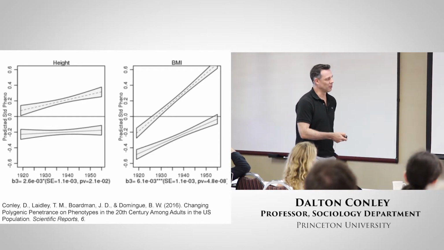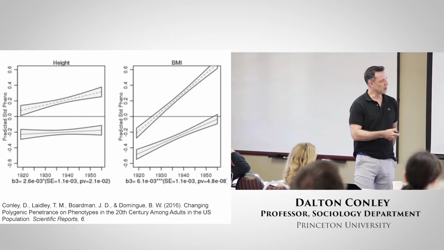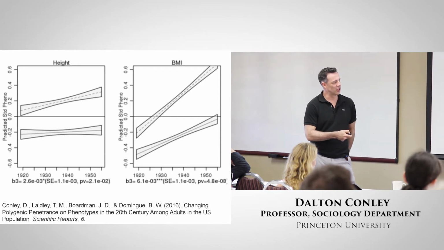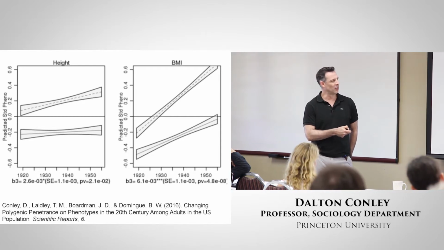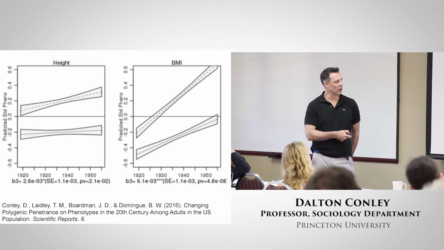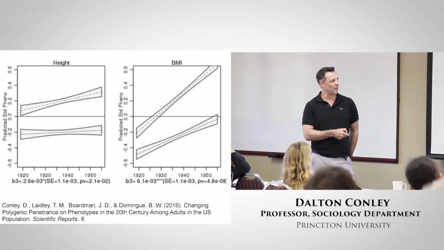if you look at BMI, this is someone who is 1 standard deviation below the mean on their polygenic score for body mass index, and this is someone who is 1 standard deviation above the mean in their polygenic score. As you can see, everybody is getting heavier across birth cohorts, but they are diverging. This is statistically significant.